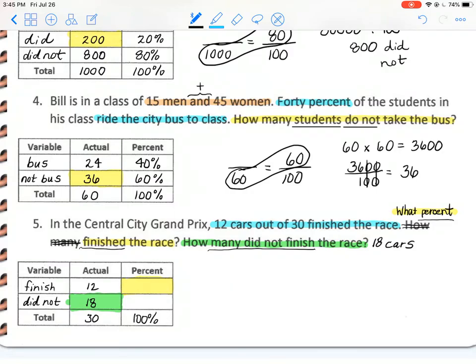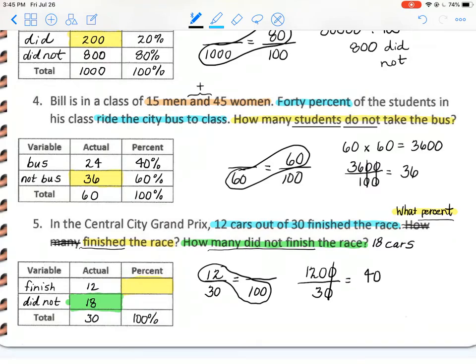The yellow part is where I need to do the 12 over 30. So 12 finished out of 30, and we want to know what that is as a percent. So we'll do 12 times 100. That's 12 times 1, and then 2 zeros. And we're going to divide that by 30. So you take that one off, and that's 40.